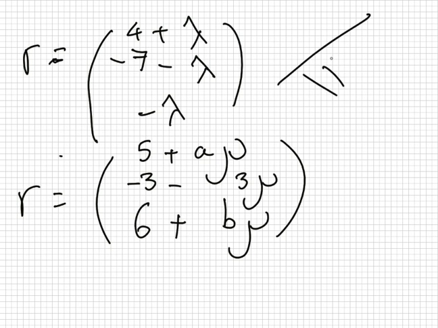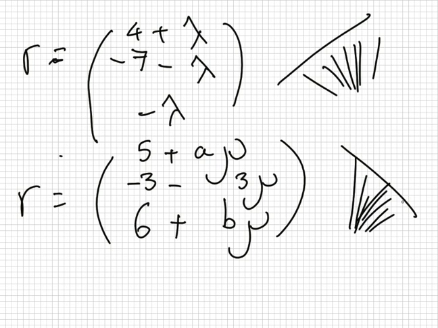Here is one line, and here's the other line. If they're perpendicular, what does that mean? The dot product equals 0. Do I dot these two together? No, I only have to dot the directions together.